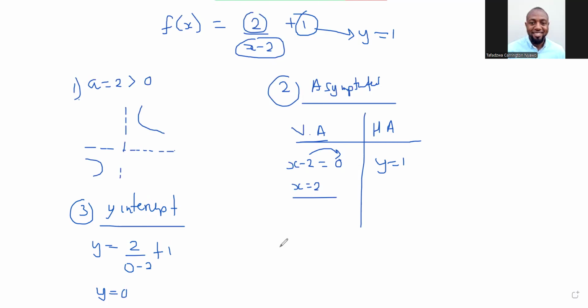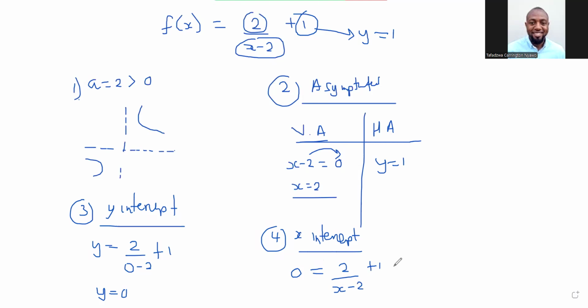That's my y-intercept. Step number 4, I'm finding my x-intercept. For the x-intercept, y is equal to 0. So in the place of y, I put 0, and 0 is equal to 2 over x minus 2, plus 1.